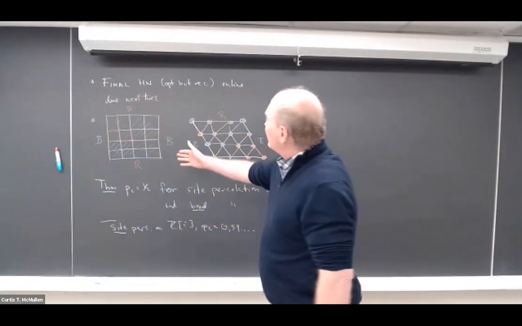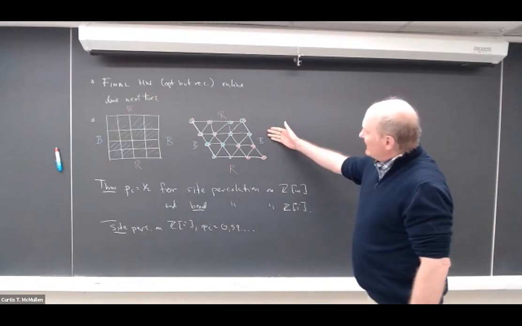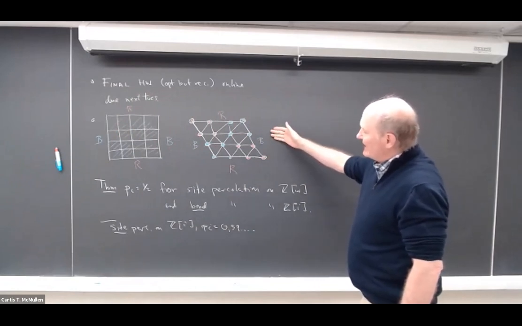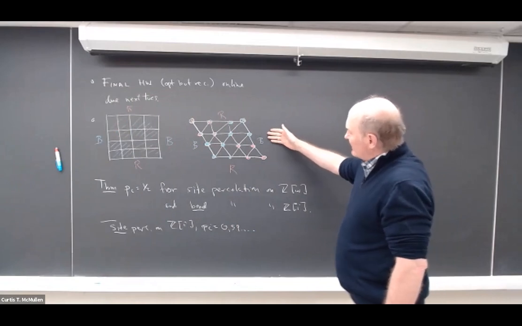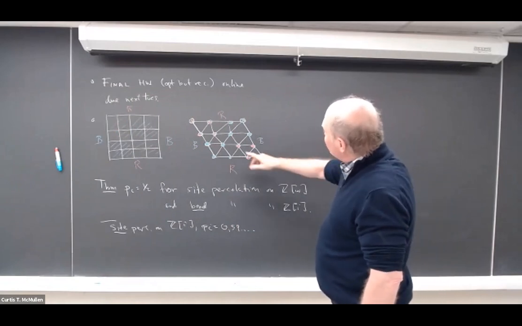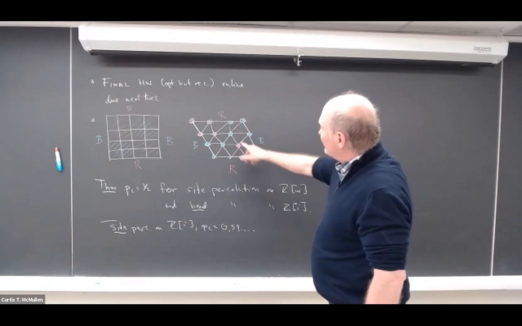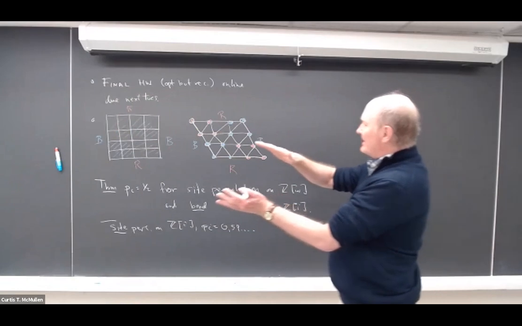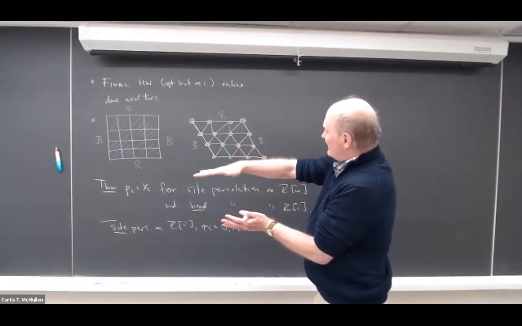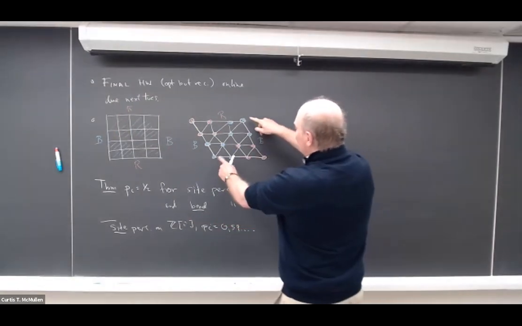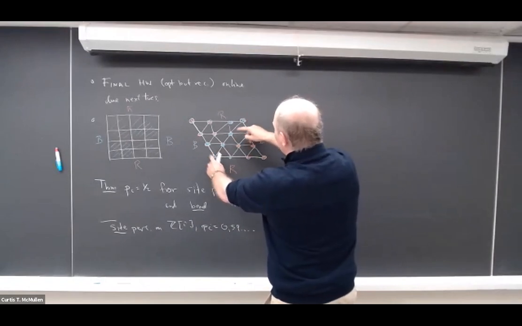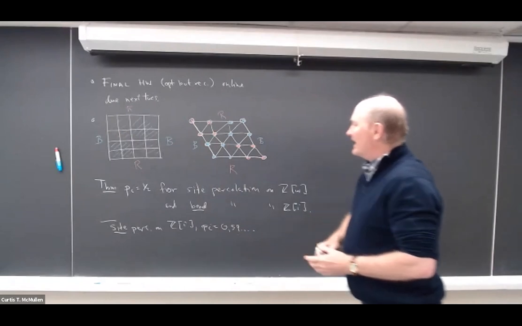You might wonder, why can't you do the same thing in hex, or equivalently in side percolation on the triangular lattice? And here you see what happens if you try to. I've made a similar symmetric configuration, but because of the way this rhombus is tilted, there's actually a connection between the blue sides and not a connection between the red sides.